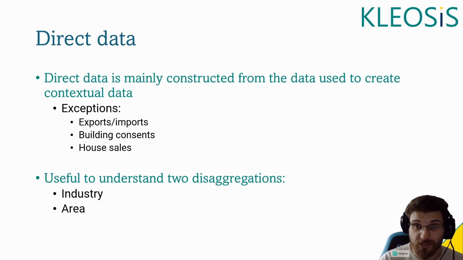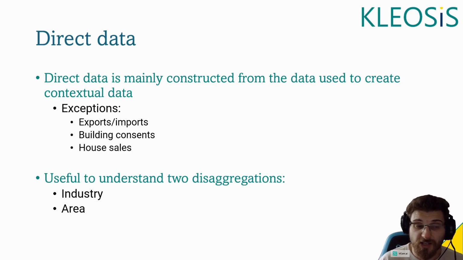But there are some exceptions to this, and they are exports and imports data, which is actually available in really high granularity in most countries. There's data on building consents, which is usually tracked by local authorities, as they're called in New Zealand, which is like a local government organisation. And then there's data on house sales.